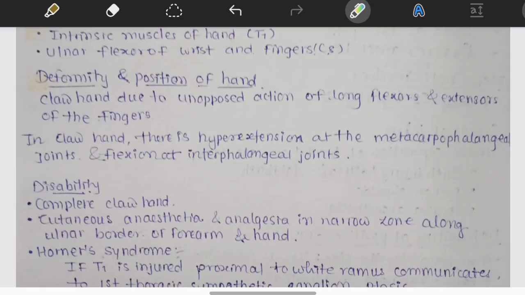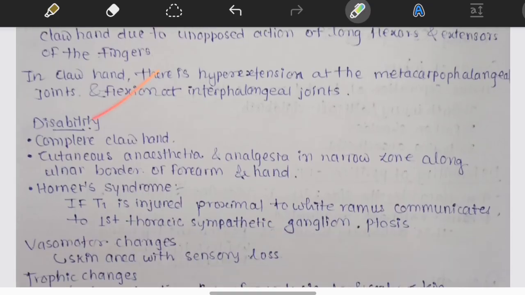In the claw hand, there is hyperextension at the metacarpophalangeal joints and flexion at the interphalangeal joints. You can do this with your own hand: hyperextension of the metacarpophalangeal joints first and then flexion at the interphalangeal joints. It is like a bird's claw.